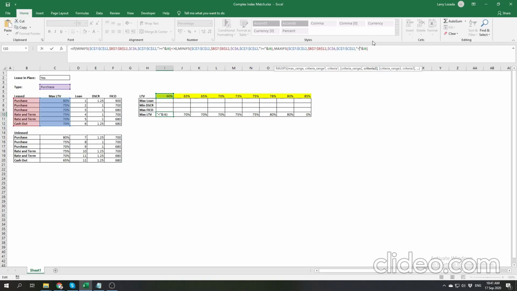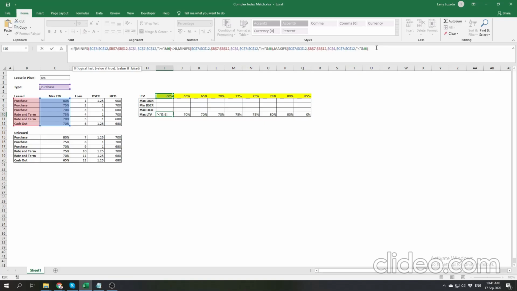Yeah, we'll be taking the maximum value that is less than this value. So, okay, this works even if these values are not sorted. It should work.